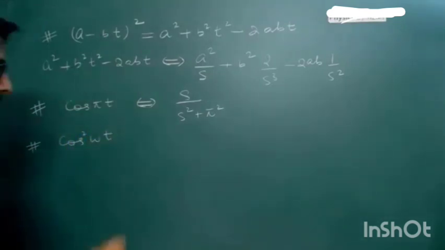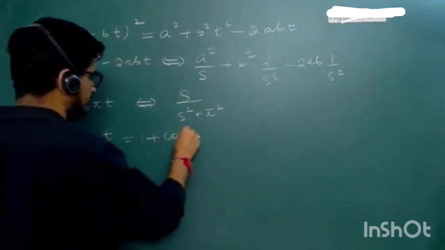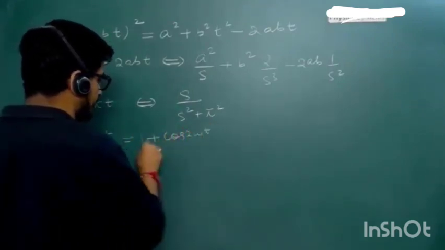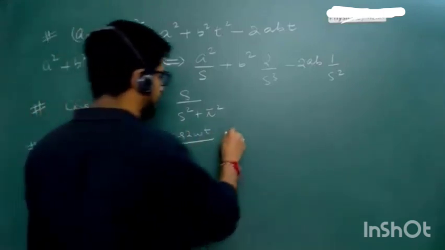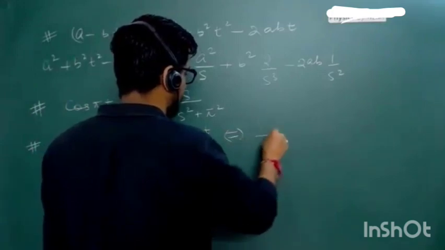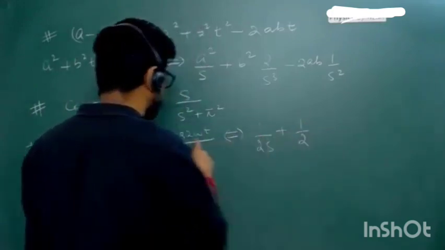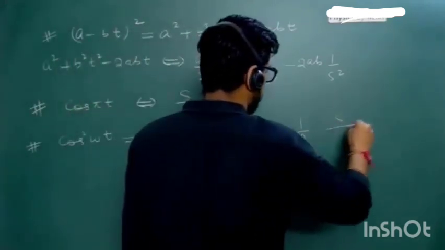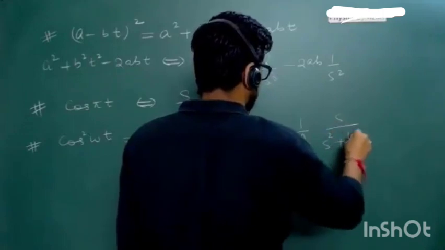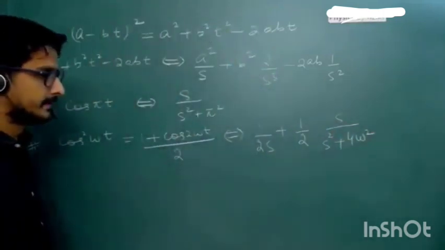I will write cos square omega t as (1 plus cos 2 omega t) by 2, and then its Laplace is 1 by 2s plus 1 by 2 times cos 2 omega t, which will be s over s square plus 4 omega square, correct?